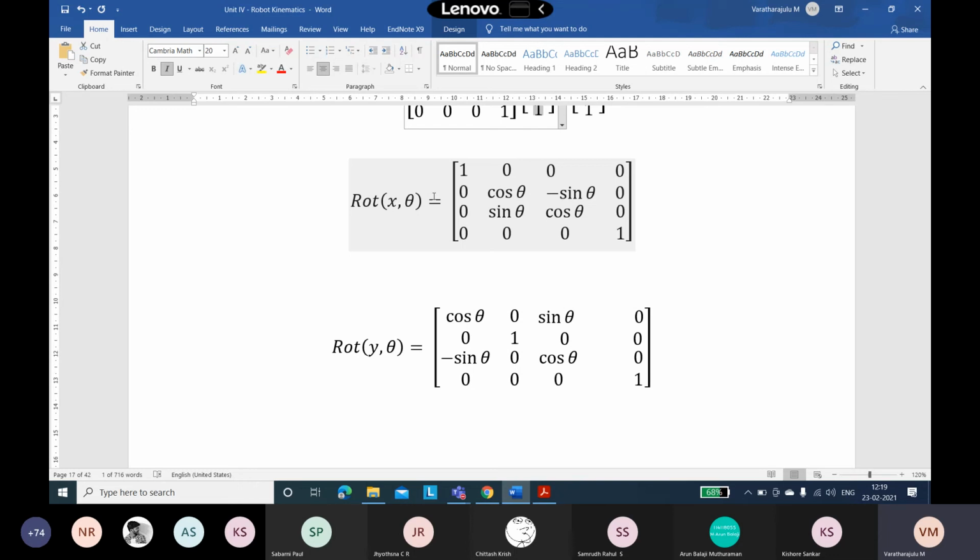These derivations, if time permits, I'll tell you. Even Groover referred to some article for this derivation; in Groover we didn't find the derivation. Anyway, if time permits, I'll tell you the derivation of this particular matrix, that is rotation x comma theta, y comma theta, similarly z comma theta.